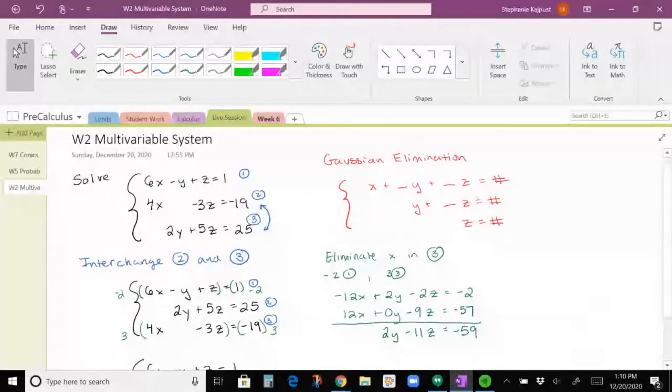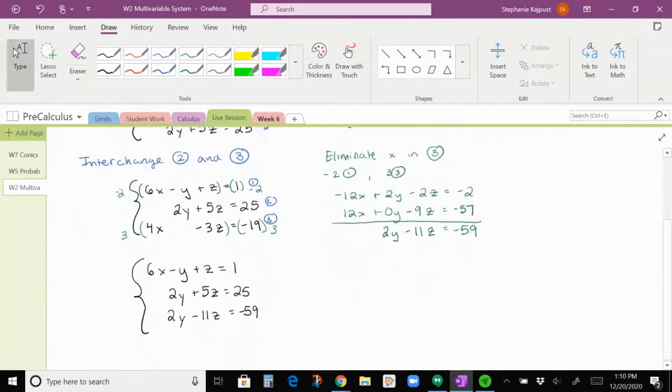So our goal is we're trying to get to this Gaussian elimination upside down stair step kind of thing. And we're still trying to get equation 3 to have just z. So again, I'm going to just label these as 1, 2, and 3. So equation 3, we want just z, so we need to eliminate y. And we can do that with equations 2 and 3.